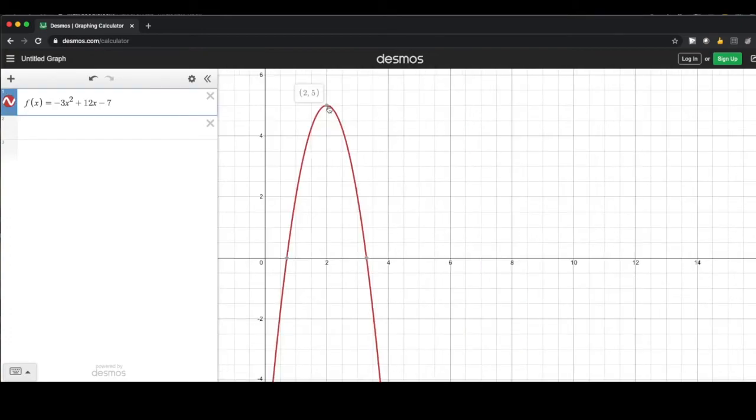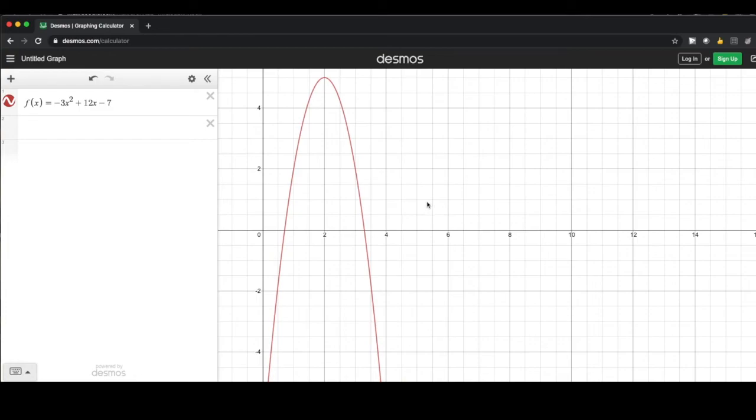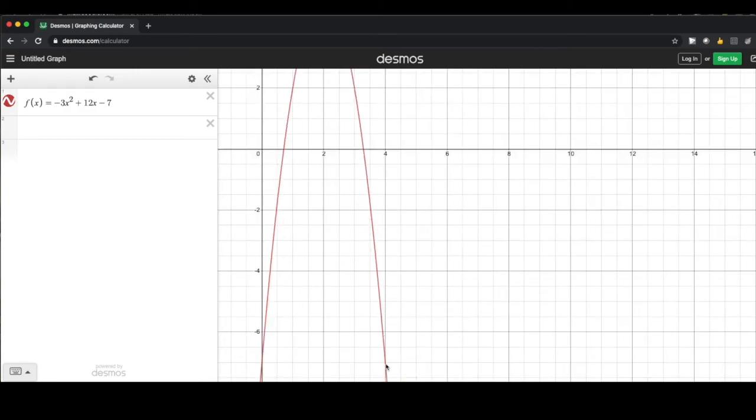So if I start here at the vertex and I go 2 to the right, 1, 2, then that means I'm going to go 4 times 3, which is 12, down. So let's see if we got that. 1, 2, 3, 4, 5, 6, 7, 8, 9, 10, 11, 12. And we're all the way down to where we need to be to show that this is a parabola with a equal to negative 3.